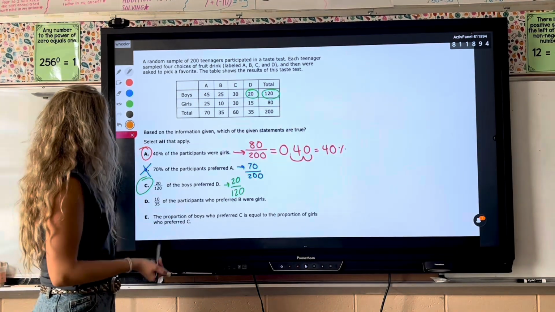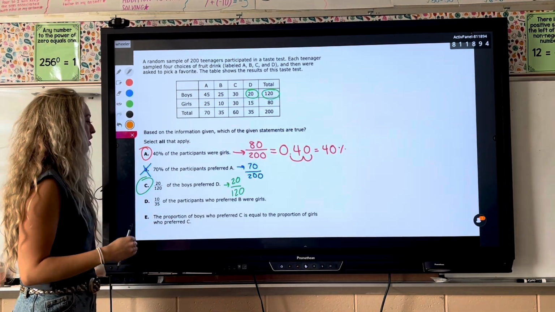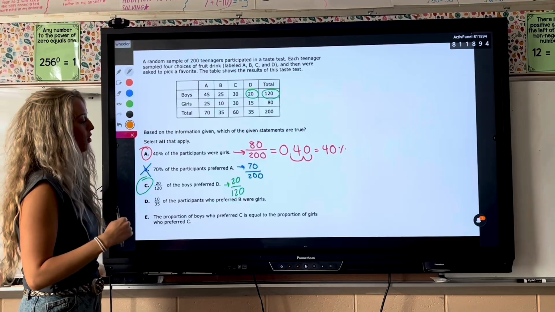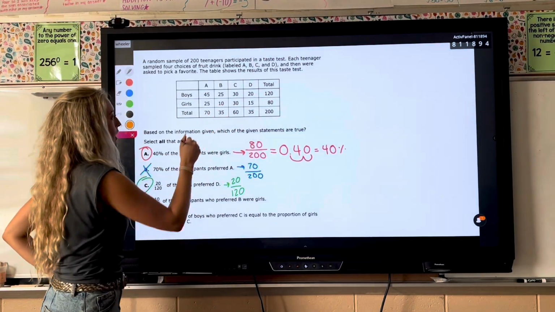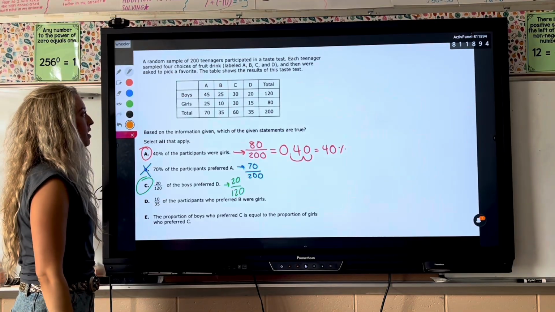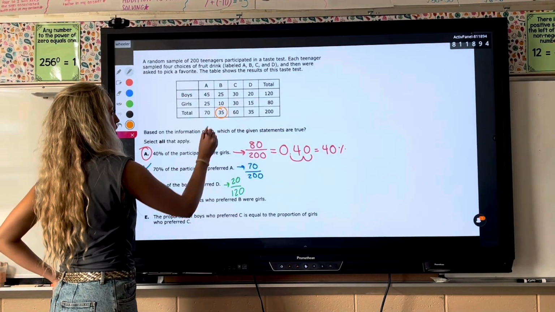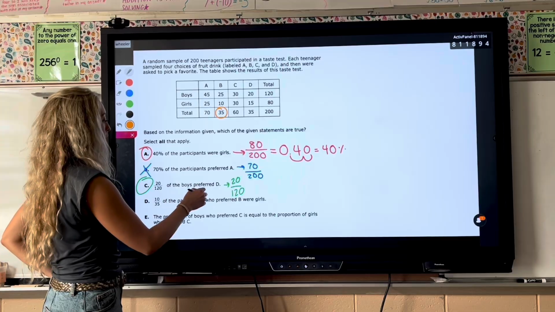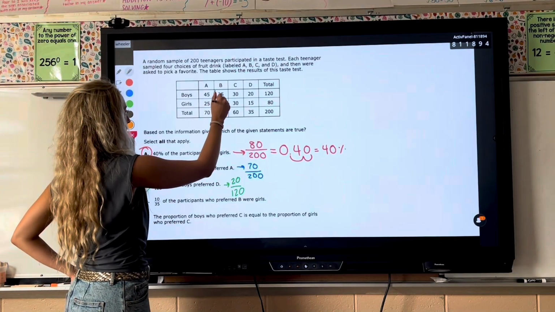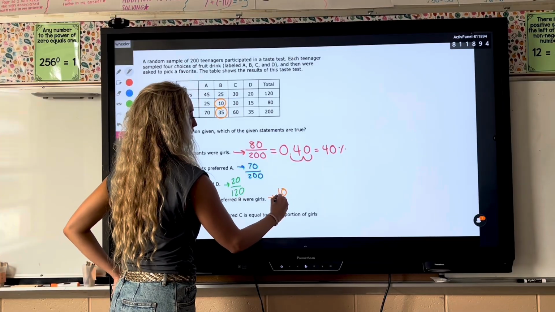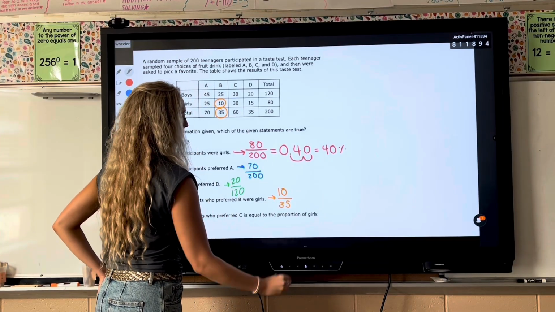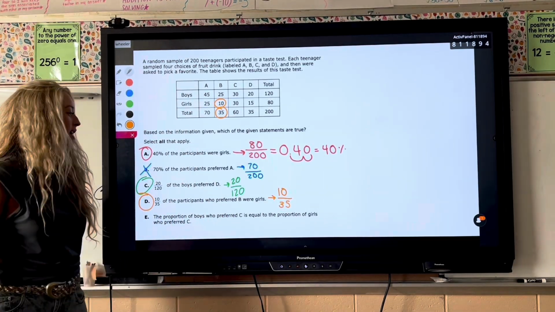Moving right along to option D, it says 10 out of 35 of the participants who preferred B were girls. So I'm looking now at the total amount of people that liked B. So the total is 35. The amount of girls who preferred B is 10. So that would be 10 girls out of the 35 total. D is another correct option.